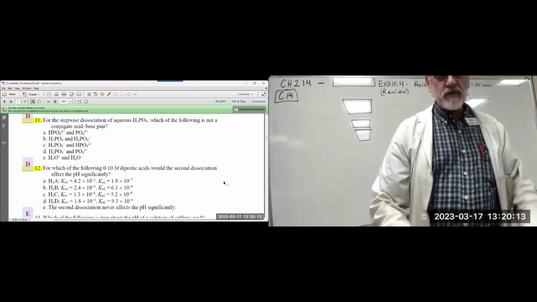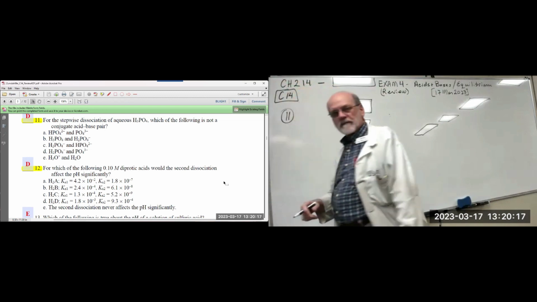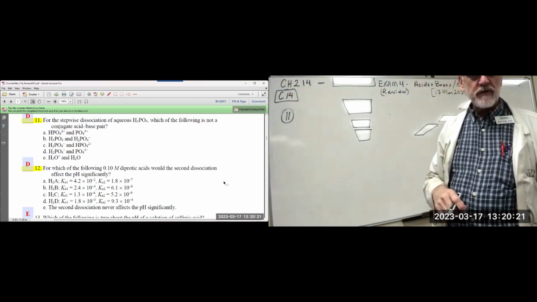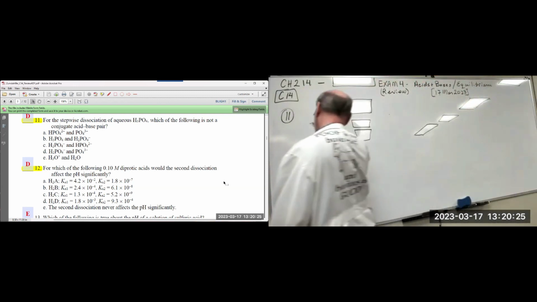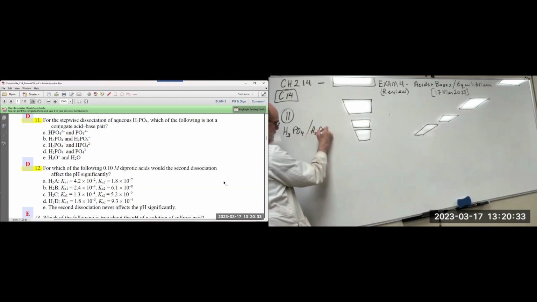All right. 11, 12. Yeah, squeeze both of them in there. 11. For the stepwise dissociation of H3PO4, which of the following is not a conjugate acid-base pair? All right. So if we're going to go, the conjugate base of this one is H2PO4 minus, right?